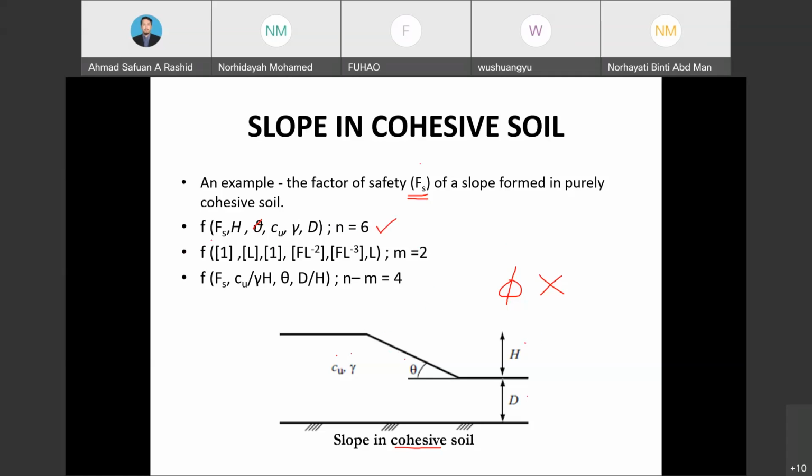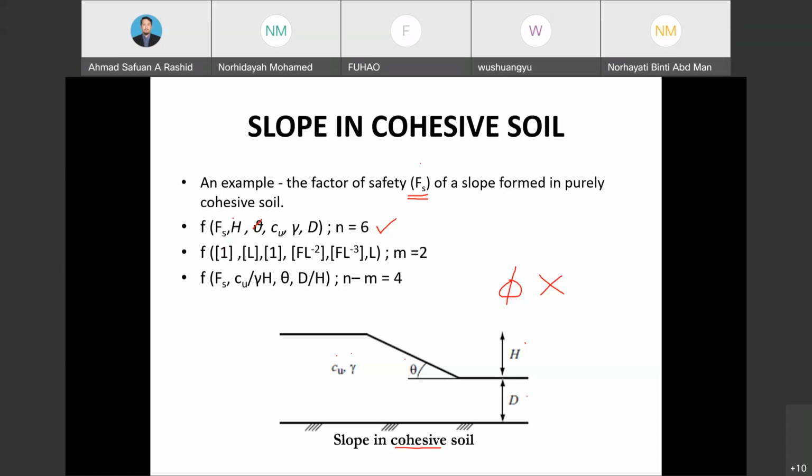So based on each parameter, Fs is considered dimensionless because it doesn't have any unit, since stress over stress is dimensionless. Then we use the symbol 1.